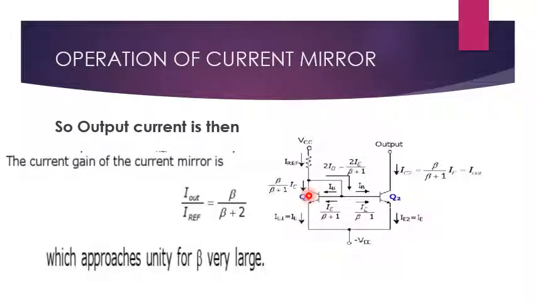Since both the bases are equal and both collectors are equal, I can write IC1 plus 2 times IB. Whatever current comes here will produce a voltage drop across this, and we can take the output here. Since the transistors are perfectly matched, we can replicate the same current at the output, because both transistors have the same gain. Clear?